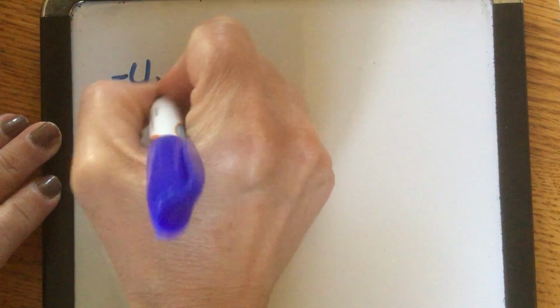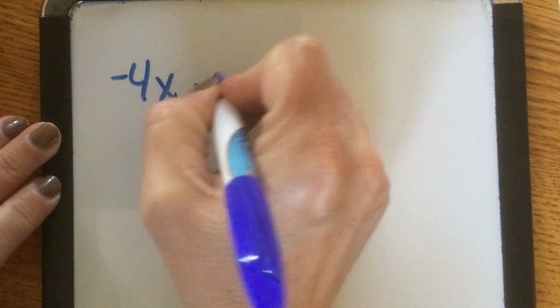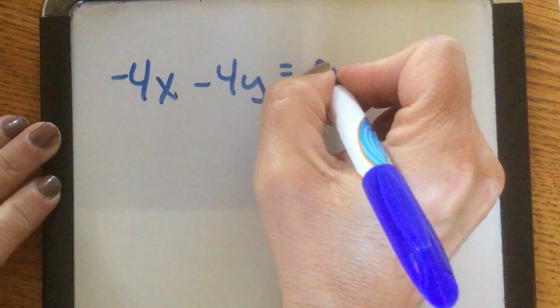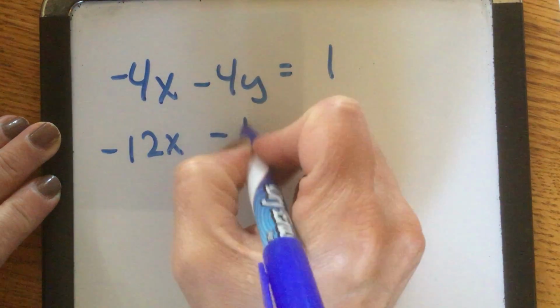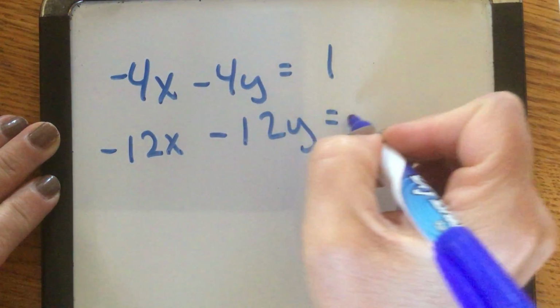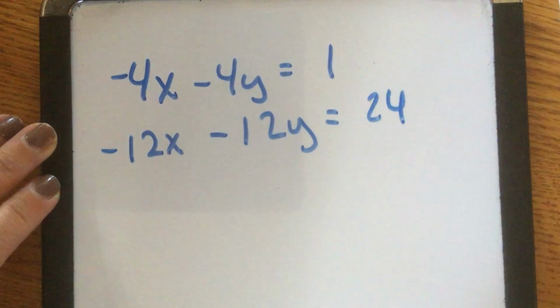Let's look at another type of situation that might happen. Let's say you have -4x minus 4y is equal to 1, and -12x minus 12y is equal to 24.